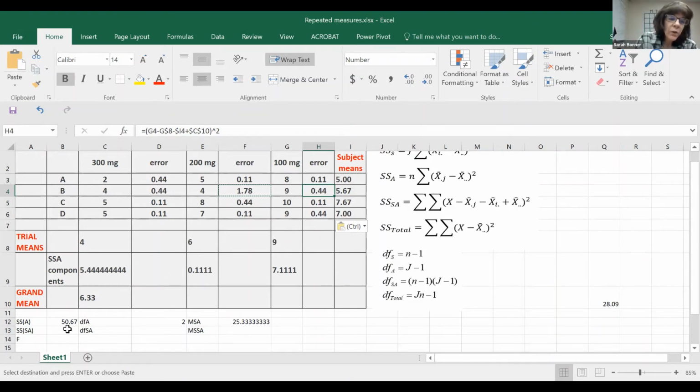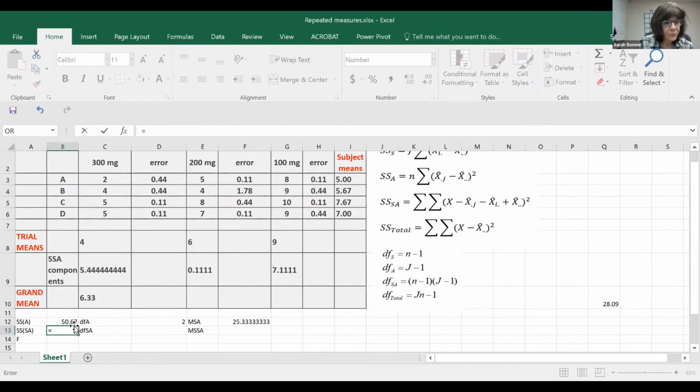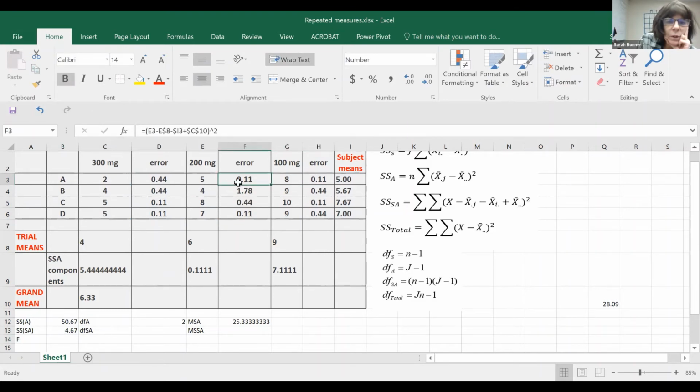Okay, so now for SSA, we sum all those values. Make sure I remember to square all of these, square all of these, square all of these, square all of these. Okay. So this is our SSA.